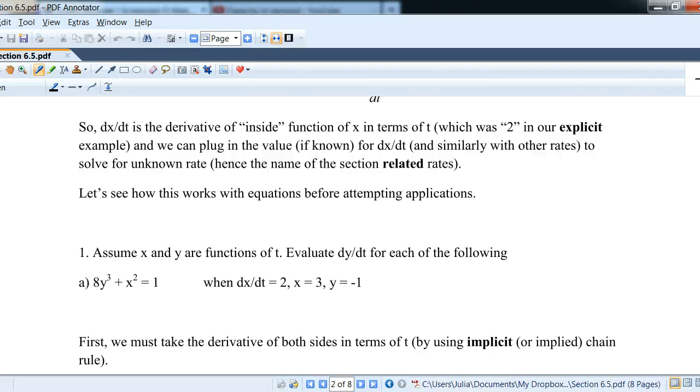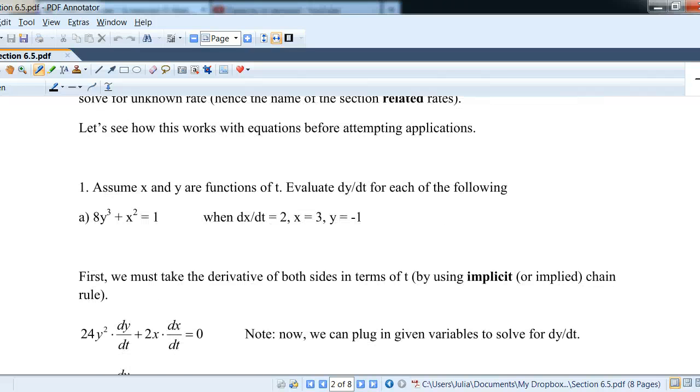First we have to take the derivative of both sides implicitly. So for 8y cubed, the outside is 24y squared, but then times the derivative of y with respect to t, that's dy/dt, plus, let's do the same thing with the x, that's 2x times dx/dt.